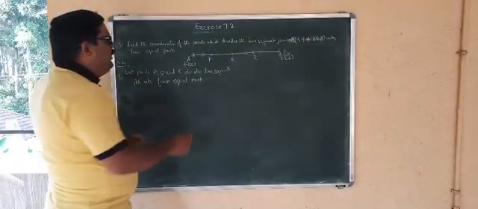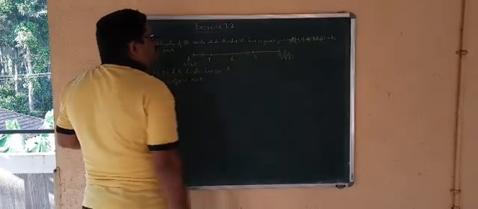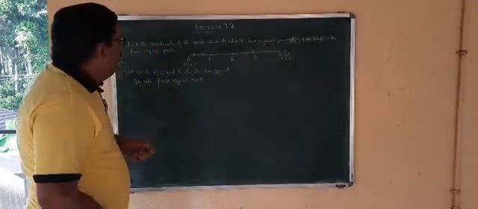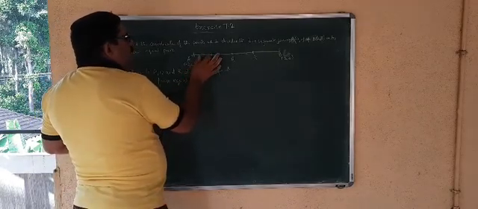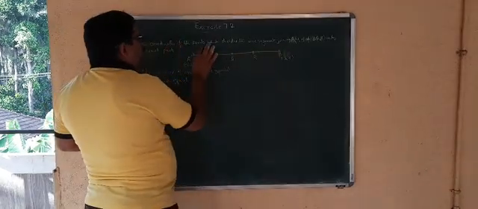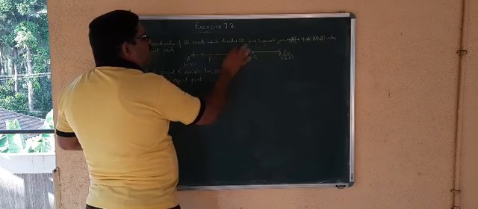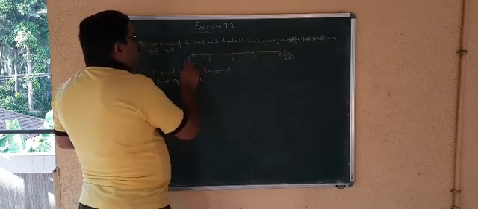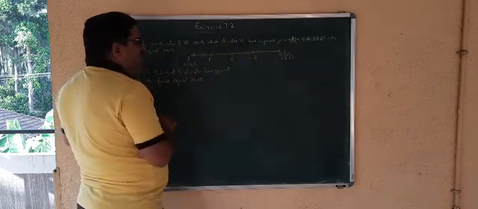So, when AP, PQ, QR and RB are equal parts, then the point P divides AB in the ratio 1:1 plus 1 plus 1, that is 3, 1:3. So, P divides the line segment AB in the ratio 1:3.